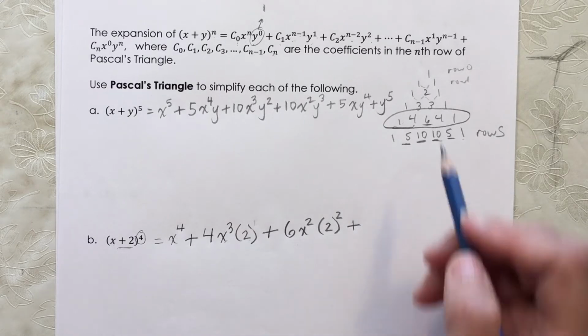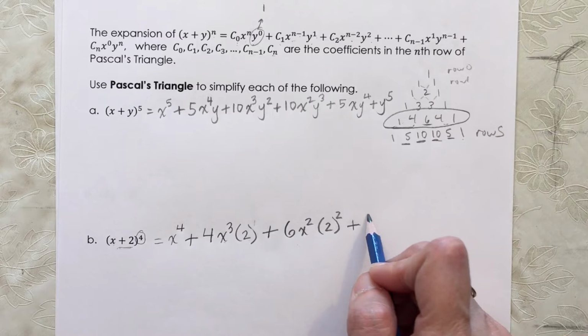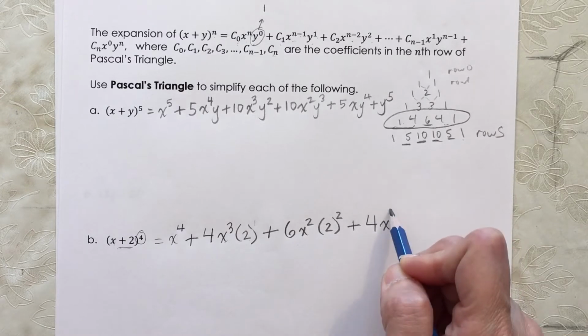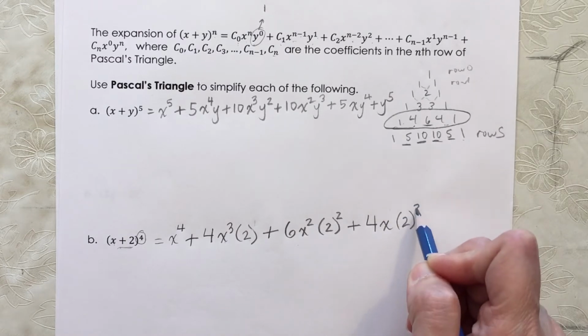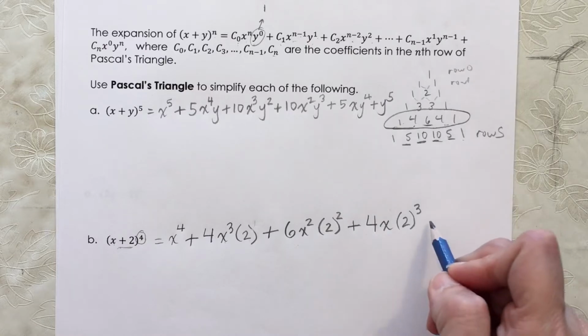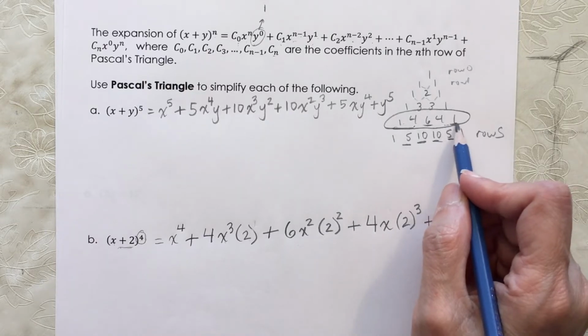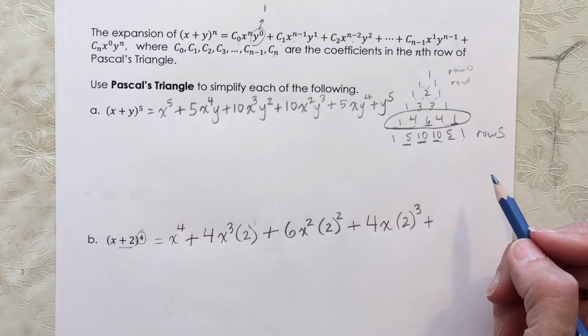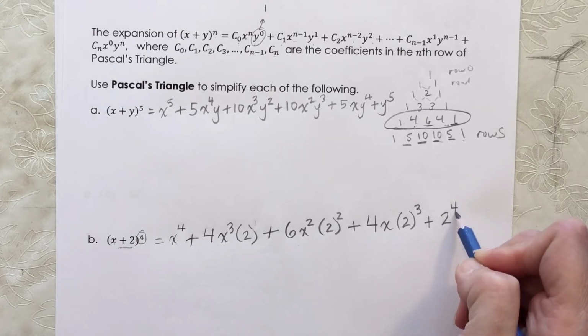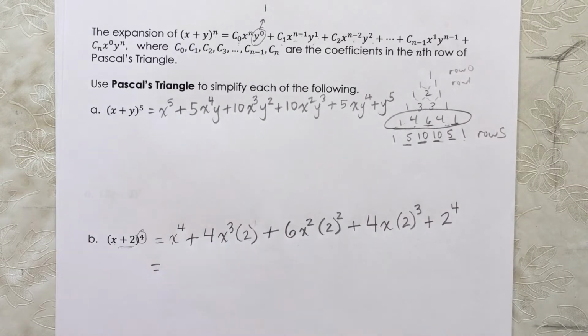Plus, the next number in Pascal's triangle is a 4, x to the 1, 2 to the 3rd. Plus, the last number in that row is a 1, which I don't need to show. x to the 0 is 1, I don't need to show that. 2 to the 4th. Now I've got to simplify it a bit more because I can combine some things.